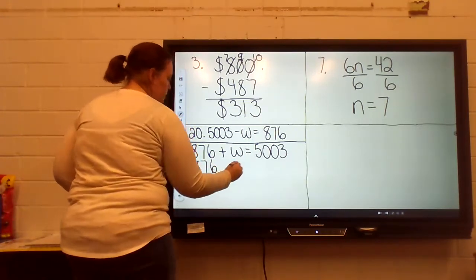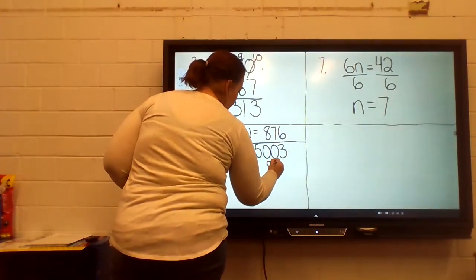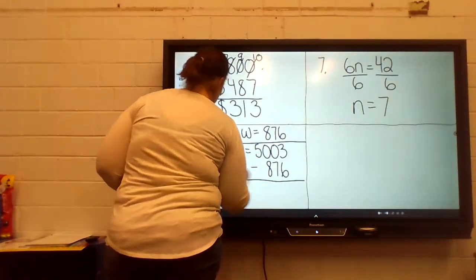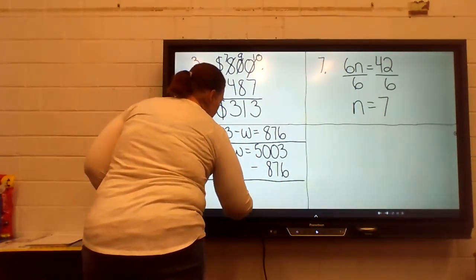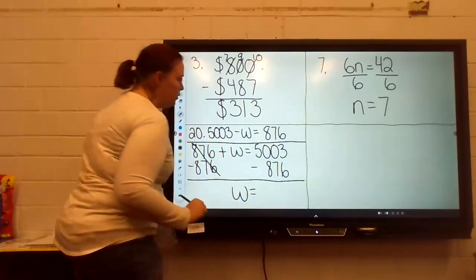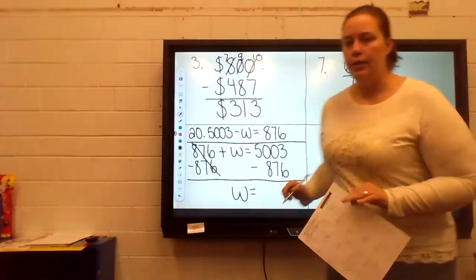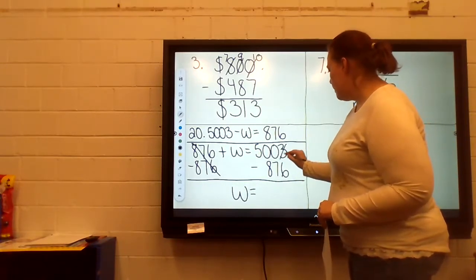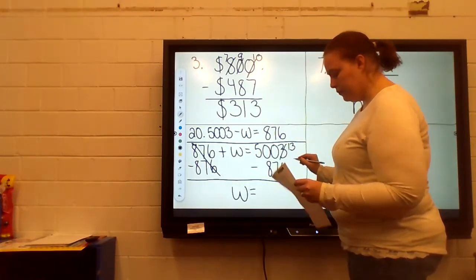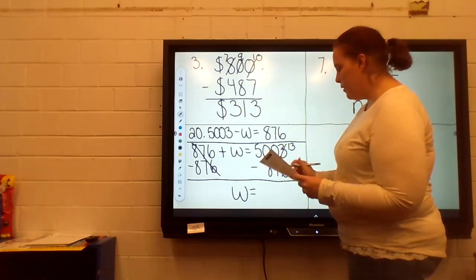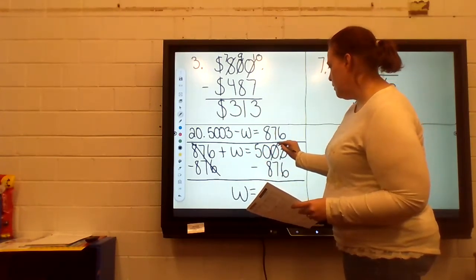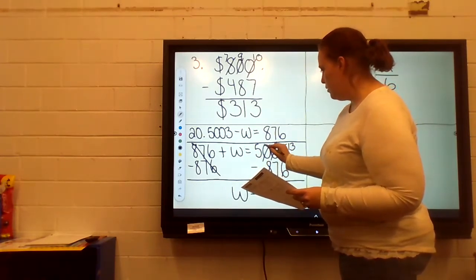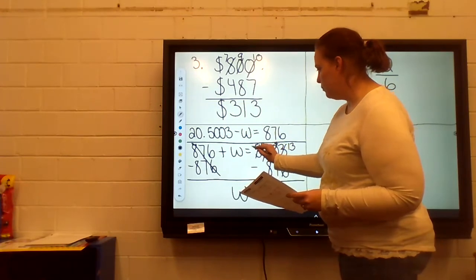So 876, 876. These will cancel out, leaving just W. I'm going to come over here to this side just so you guys can see. We can't take 6 away from 3, so we need to make it a 13. Okay. Then we have to continue to borrow all the way across, like so.